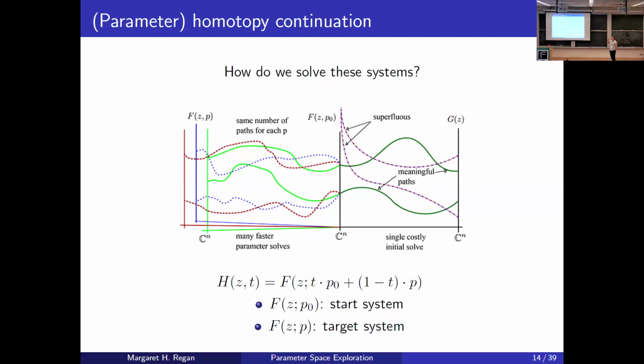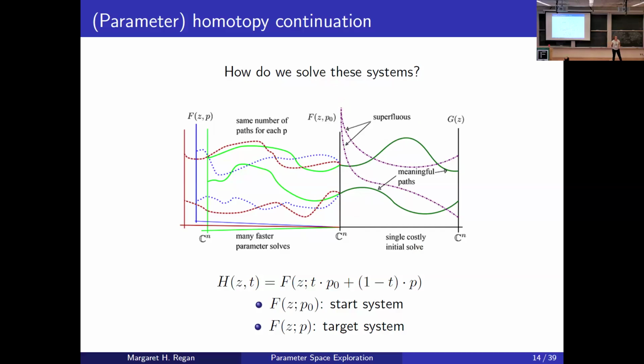And what can happen, but didn't happen in the example that I showed you, is that we have this upper bound number of solutions from our g of z, and not all of them are non-singular isolated solutions to f of z at P naught. And so what happens is in this first step on the right here, we get rid of anything that goes off to infinity.